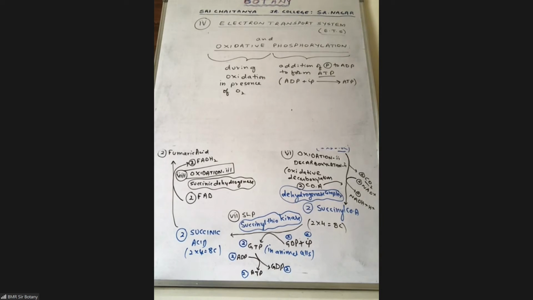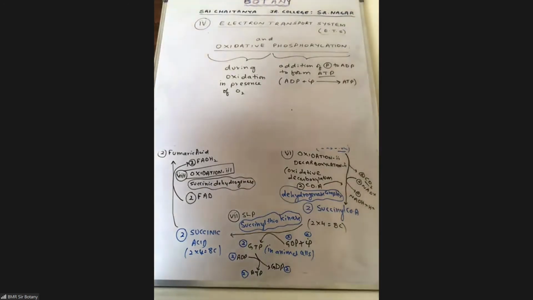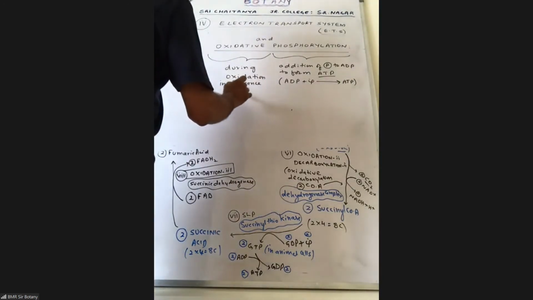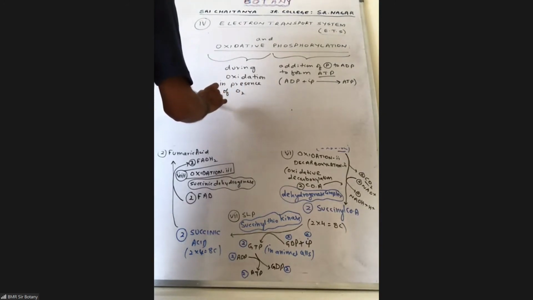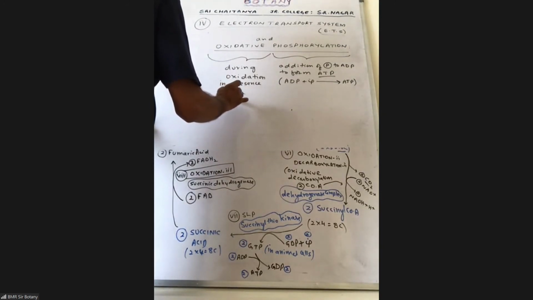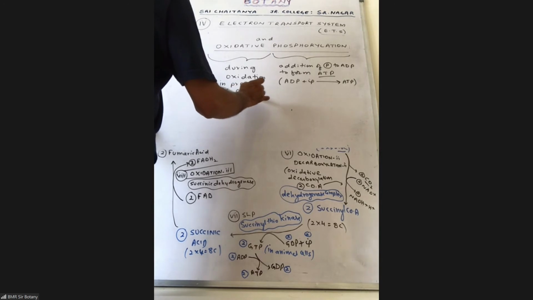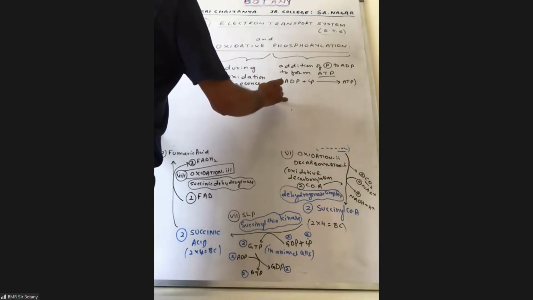Last step, terminal step. But without that, all these cannot go on. See the link. During oxidation in presence of O2. So O2 is used in the terminal step, last step.